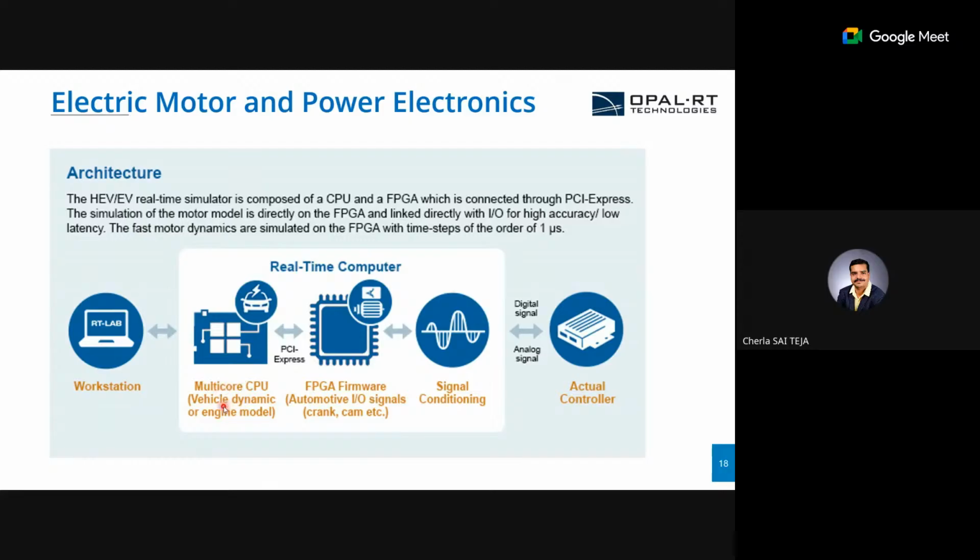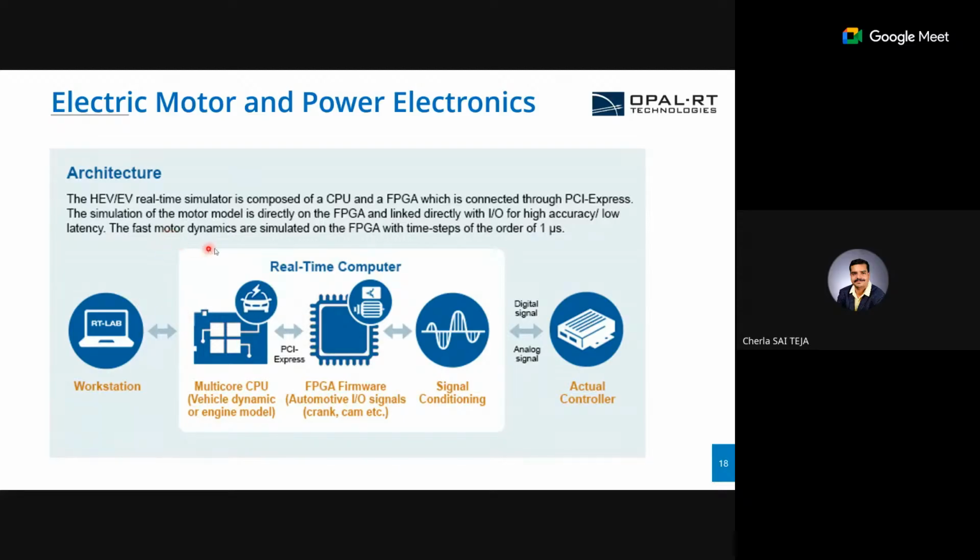You can see we have a multi-core CPU where on the CPU we can run the model of vehicle dynamics or engine model. Then the FPGA will be running the powertrain part, with data transfer between these two, to simulate the whole EV, connect it to the EV controller and test and validate. The EV controller might be an MCU plus telematic or any control you have for the vehicle, and you can test and validate it.